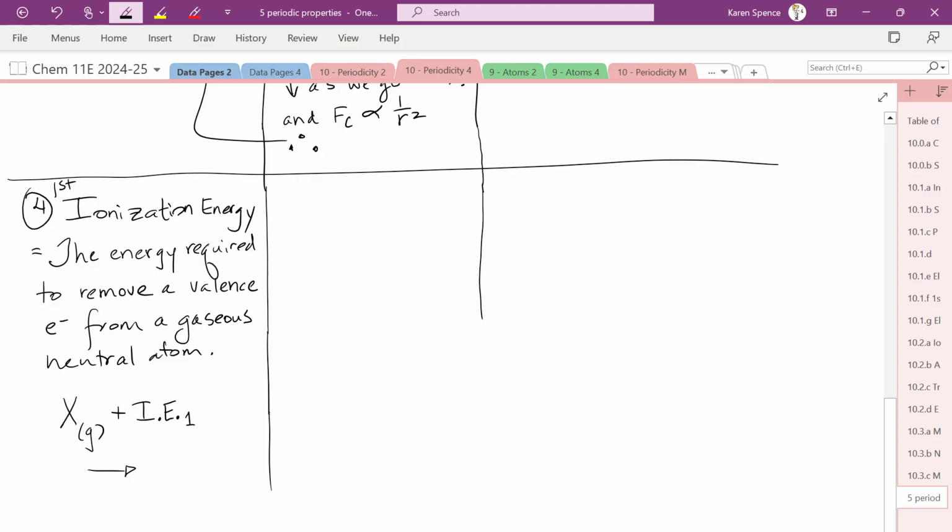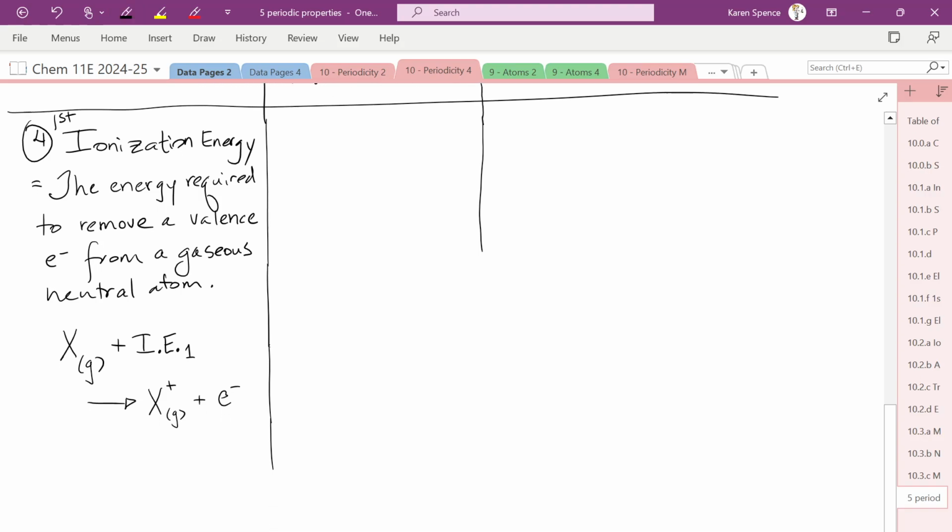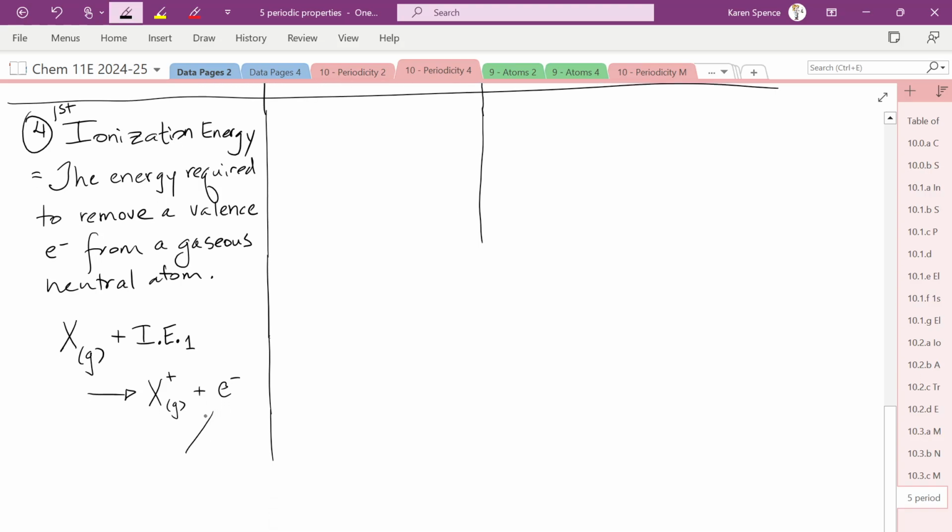And what would we get as our product? X plus gas plus an electron. And that right there is a photoelectron, okay?